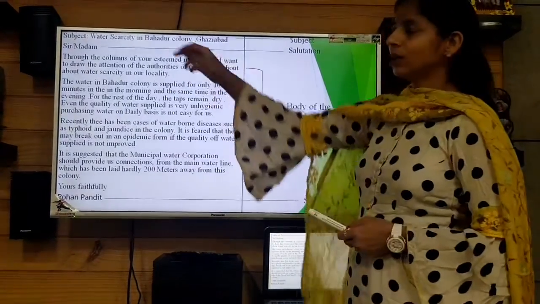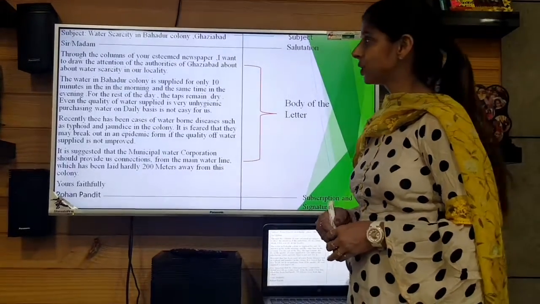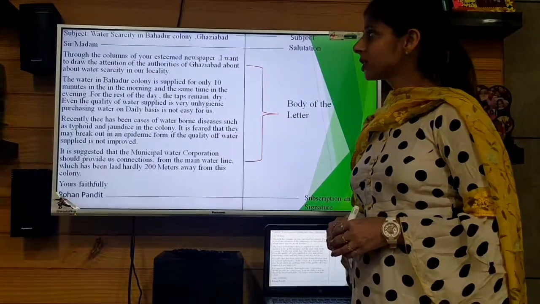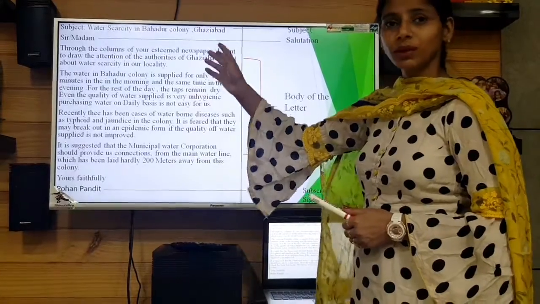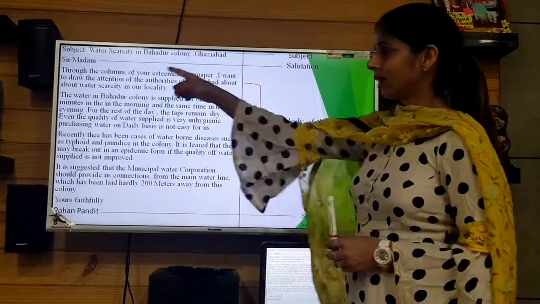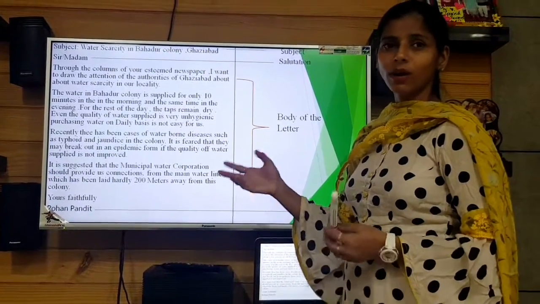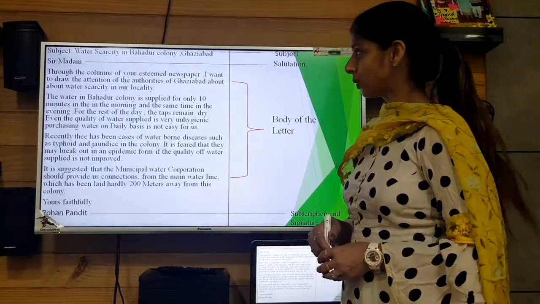Next, you need to write down the subject. So what is the subject in this case? Water scarcity in so and so colony, whatever you want to write down, that is the subject. Then again, salutation. So salutation, Sir or Ma'am, right?